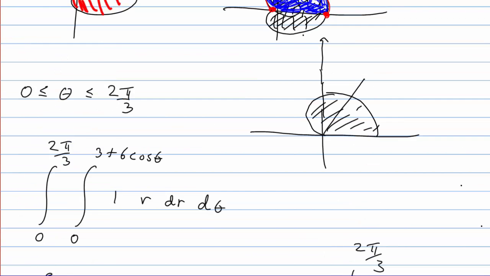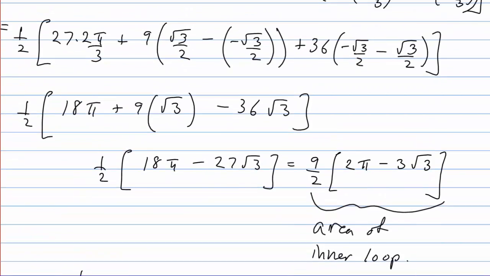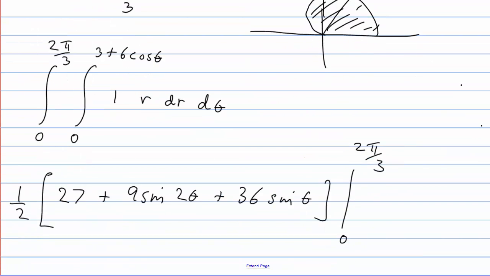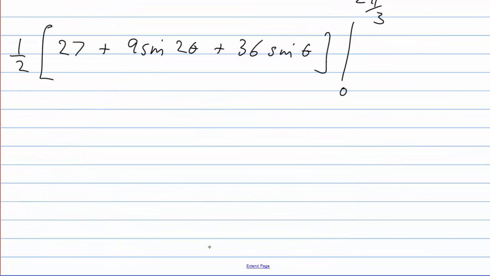So let's check if that is indeed correct. Yes. Okay. That's what we want to do. Oh, whoops, and this was 27 theta. Okay. So we plug things in now.